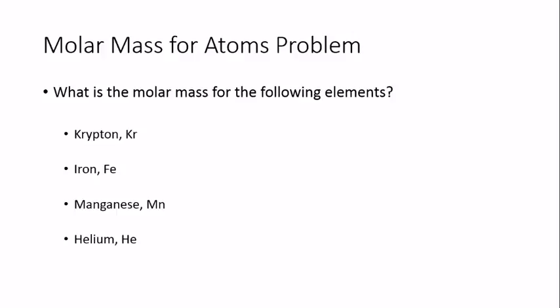So let's do 2 together. Does this seem like a valid test question? I think so. What's the molar mass for these elements? Remember, you are going to have a periodic table. So krypton, I need to find krypton on the periodic table. The decimal number for krypton is 83.80. One of the things in this problem is you need to know the units of molar mass are grams for 1 mole, and it varies for each element, right?